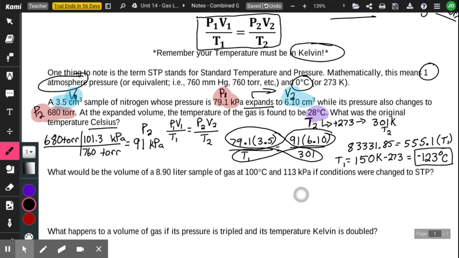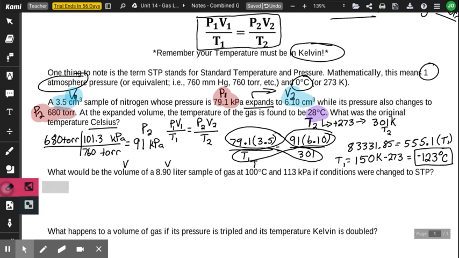So it says, what would be the volume? So I'm looking for volume of an 8.90 liter sample. Okay, again, that's a volume of gas at 100 degrees Celsius temperature and 113 kPa. Let's actually do this in a different color to make it a little easier for y'all to see.